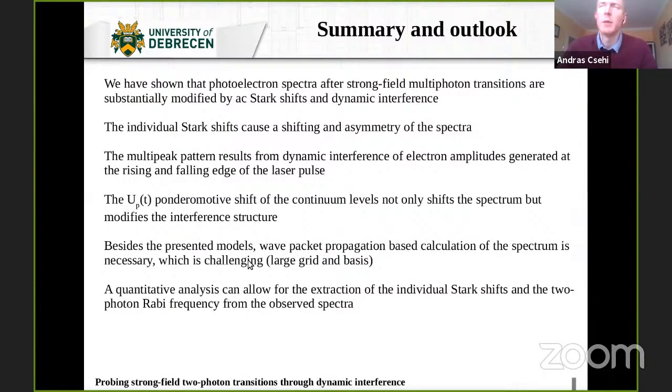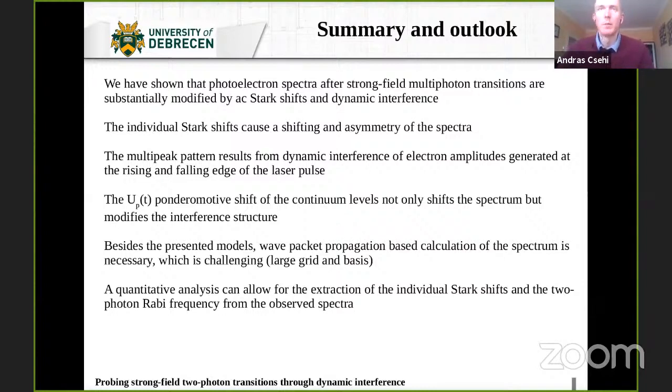We need long pulses because, to be state selective during the excitation, we need long pulses which have narrow bandwidths, and that's why we need a long grid of several times 10,000 atomic units or so. What we also want to do in the future is a quantitative analysis, to extract Stark shifts and 2-photon Rabi frequency values from the observed spectrum.